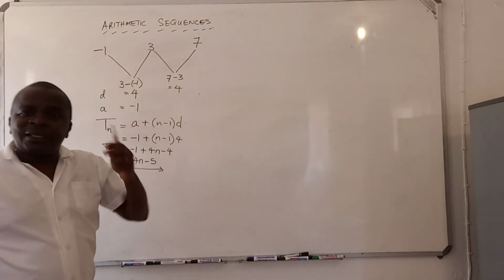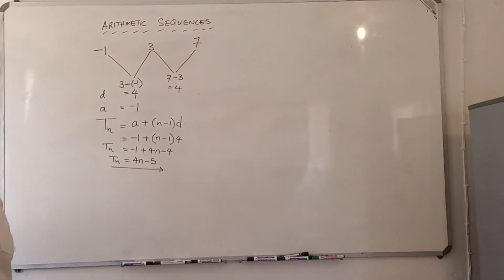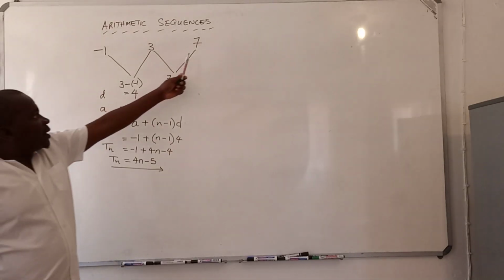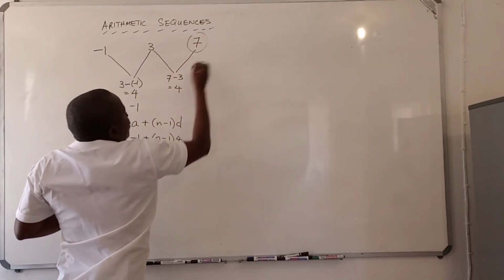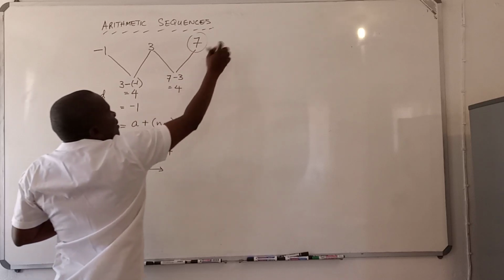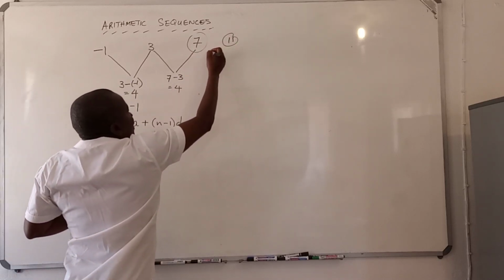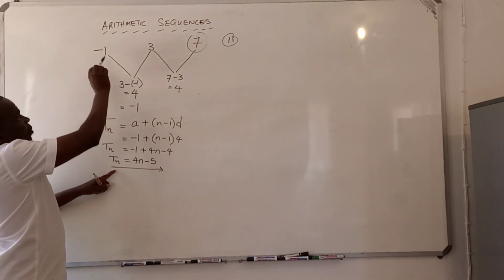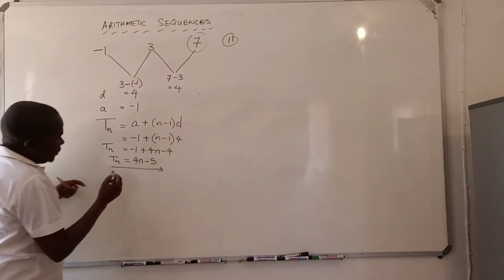Please, after getting this answer, always check, because you might make a slight mistake. So for you to confirm this, you can use this term here, or you can use the next one. You know you are supposed to add 4 to get the next term. 7 plus 4, you will get 11 there. Let us check here now. 11 is position number 1, 2, 3, 4.